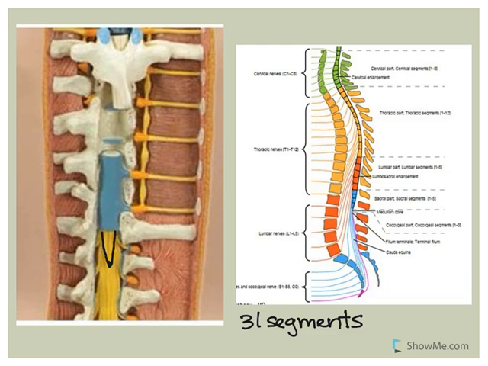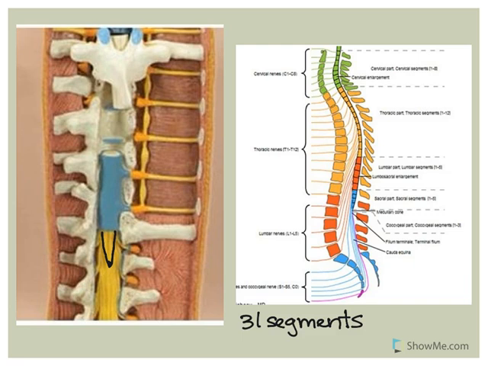In lab, if you have me for lab, I'll show you the whole thing with the overhead camera and show you how it ends between the first and second lumbar vertebra. So we have 31 spinal cord segments.